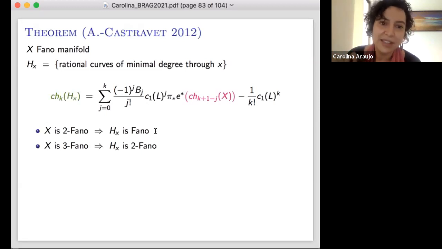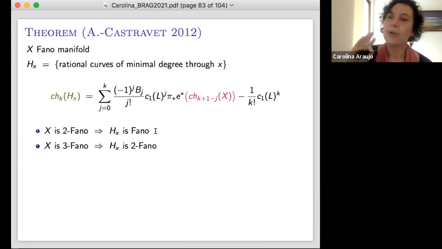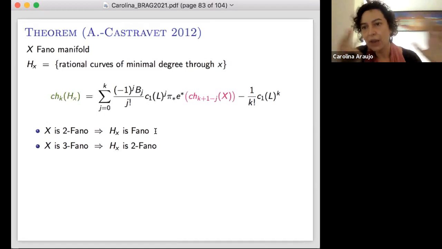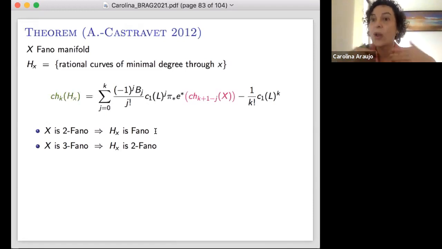It seems that if X is k-Fano, then H_X is (k-1)-Fano. We proved it in some cases under some assumptions, but we cannot prove it yet in a completely general way. One should think about this again with the analogy with topology: there is a recursive structure on connectedness, in terms of the loop spaces, that somehow is reflected here in these higher Fano conditions.